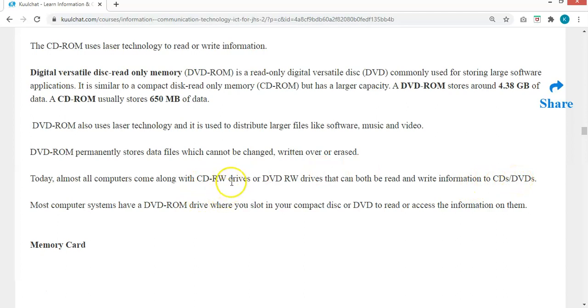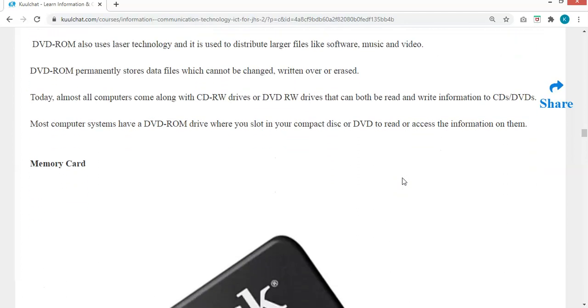With read only memory, you can only read. You can't make any change to what is on it. But with the RW, you can both read and write. So with CD-RW or DVD-RW, you can both read and write information on that storage device.